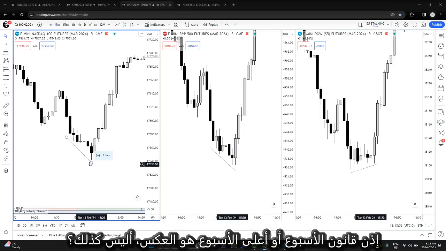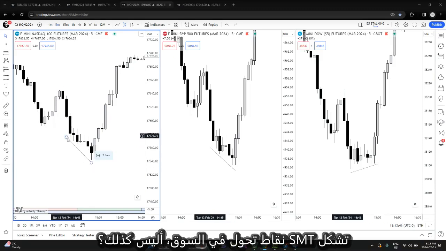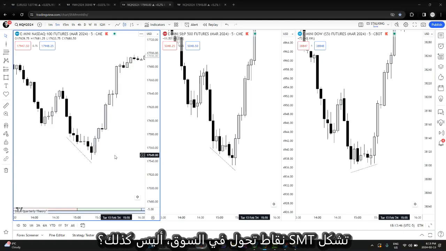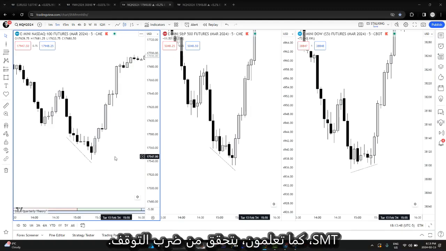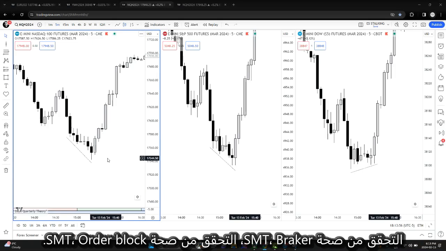So the low of the week or the high of the week, vice versa, right? They always have SMT. SMT establishes turning points in the marketplace, right? SMT verifies stop hunts. SMT validates fair value gaps. SMT validates breakers. SMT validates order blocks.